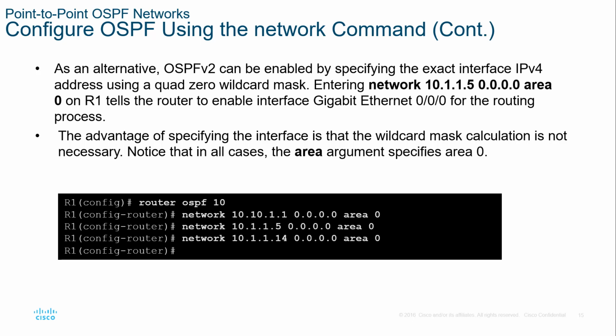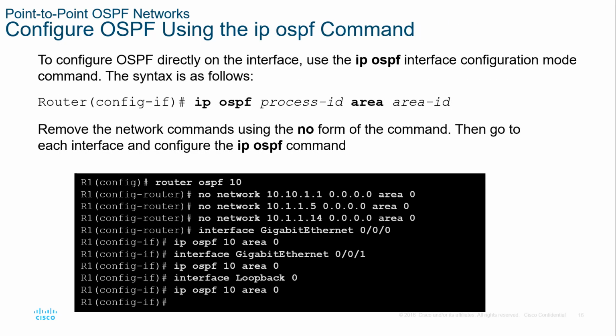So let's try to put this together as a whole. How do we configure OSPF? Again, we would do the network statements, or we could do it underneath the interfaces. So here we have an IP OSPF process ID. We could give it an area, and we would then navigate to the different interfaces.